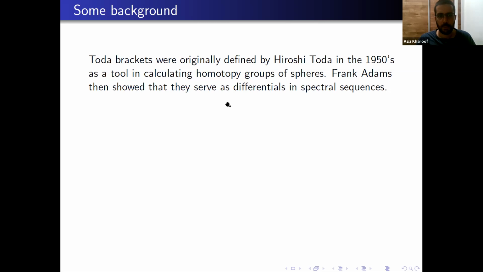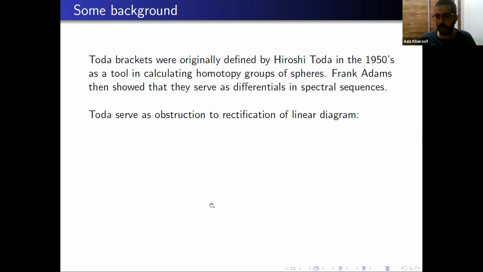But I want to give something that maybe better shows the meaning of the Toda bracket. It's to rectify linear diagrams, rectification of linear diagrams. So the Toda bracket serves as an abstraction of rectification of linear diagrams.